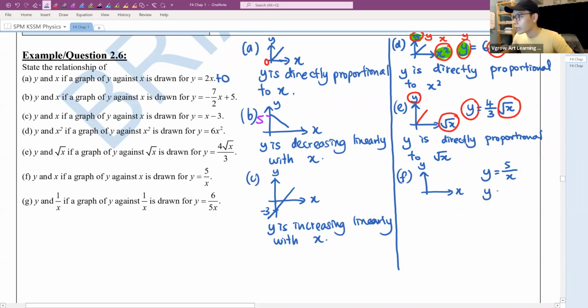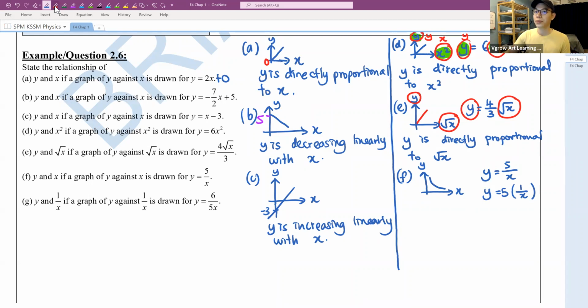If you pull it out, the 5 and the 1/x, it will look like this. Whenever you have 5 and 1/x, it will form a graph that looks like this. This is what we call y is inversely proportional to x.